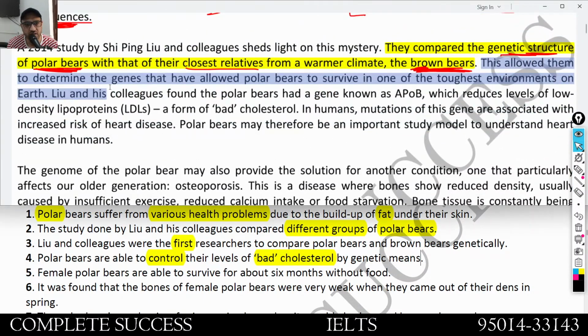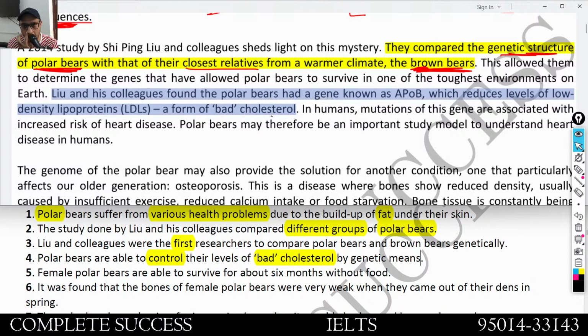So this allowed them to determine the genes that have allowed polar bears to survive in one of the toughest environments on Earth. Lee and his colleagues found the polar bears had a gene, known as ABOP, which reduces levels of low density lipoproteins, LDLs, a form of bad cholesterol. Okay, now you tell me whether the answer is true, false, or not given.